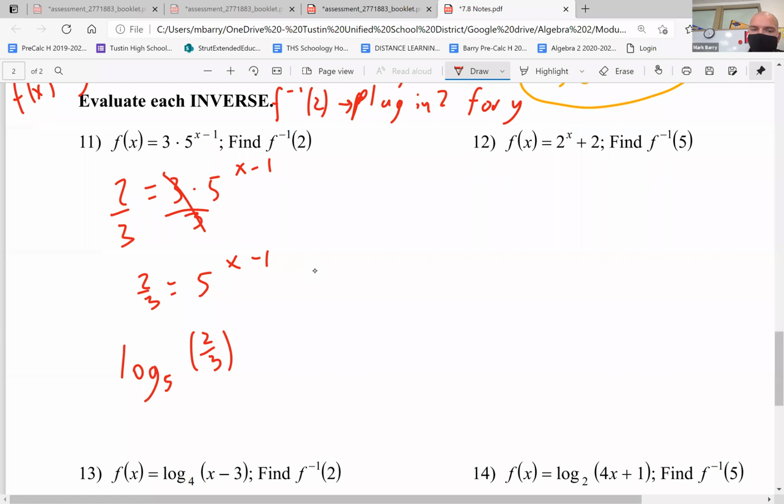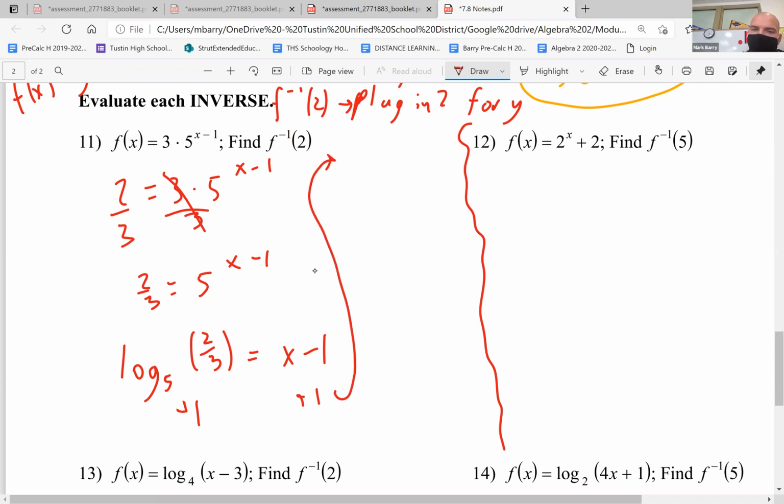And then 2 over 3 inside of that. And then x minus 1 will be isolated. I'm going to add the 1 over. So it's going to be log base 5, 2 over 3 plus 1 equals x.